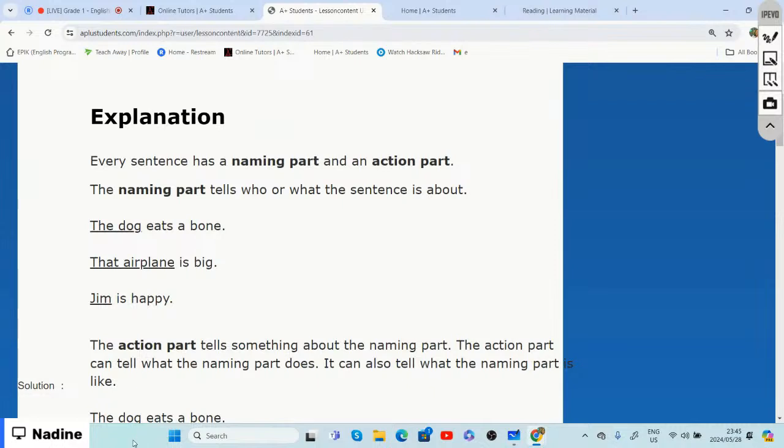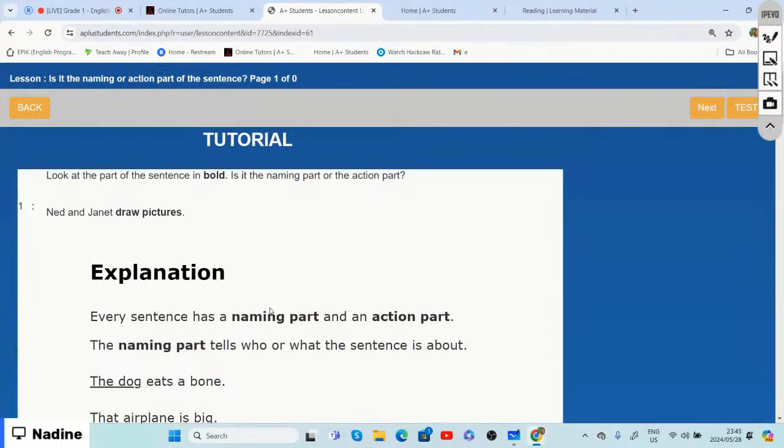That tells us what the naming part does, or what the naming part is like. So it gives us not just the action word, but the action phrase within that sentence. All right, so this is now the end of our lesson on naming parts as well as action parts, which is sentence parts.